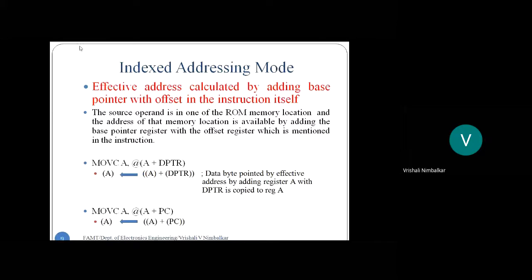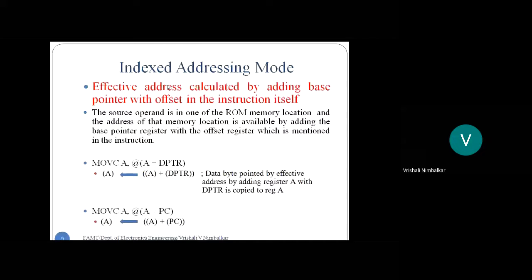Right? So the instruction itself will calculate the address where the data is. And how is the address calculated? The content of the base pointer is added with an offset. And this calculation happens in the instruction itself.